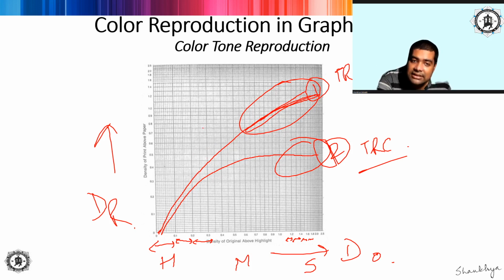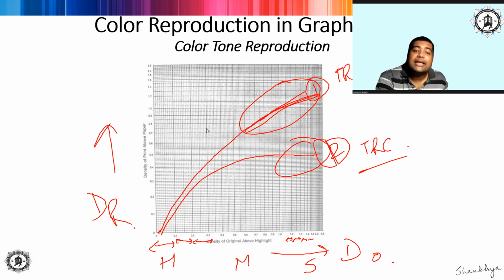The changes in the shadow areas are not that much visible. I just demonstrated this, this is not the actual curve, but just to make you understand that the change that you are observing in a normal graph paper in the shadow area will not be as drastic as when you plot the same in this particular graph paper, right?